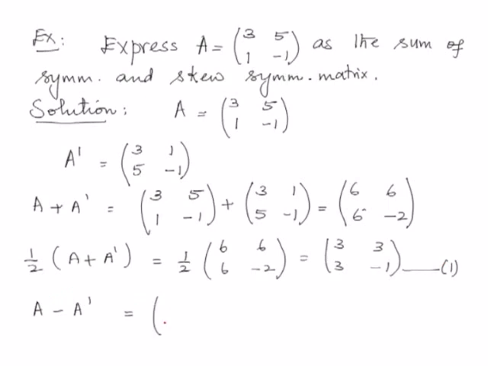A minus A dash is [3, 5; 1, -1] minus A dash, which we have already found, so let us write it down, [3, 1; 5, -1]. So, what does that arrive at? I have [0, 4; -4, -1 minus of -1].